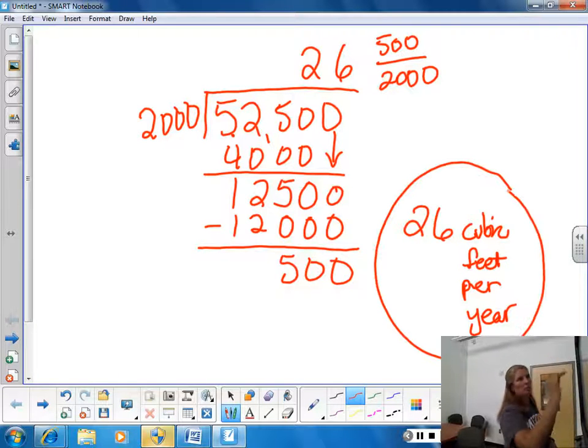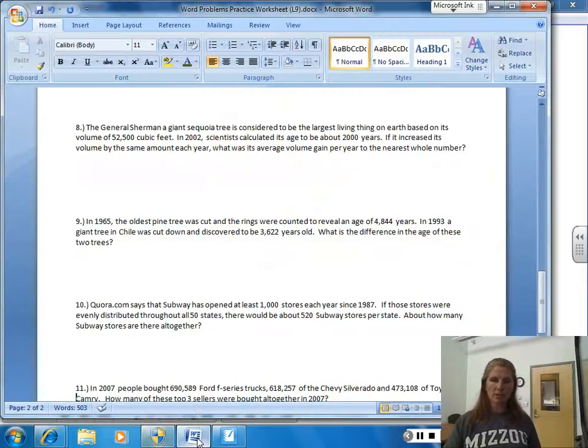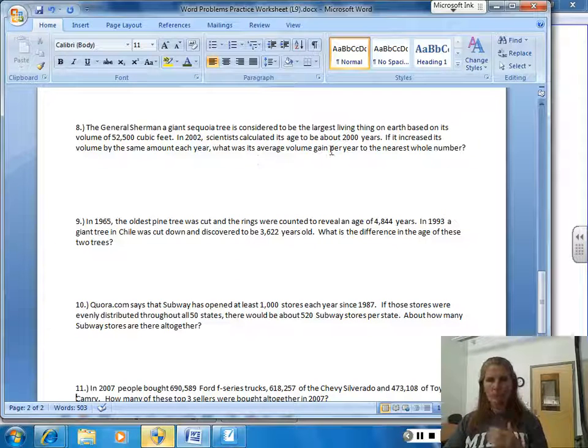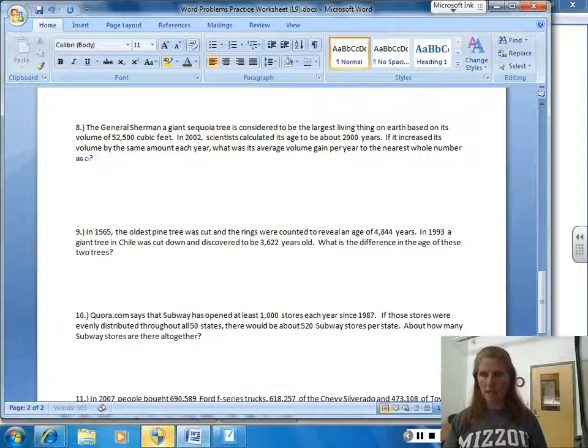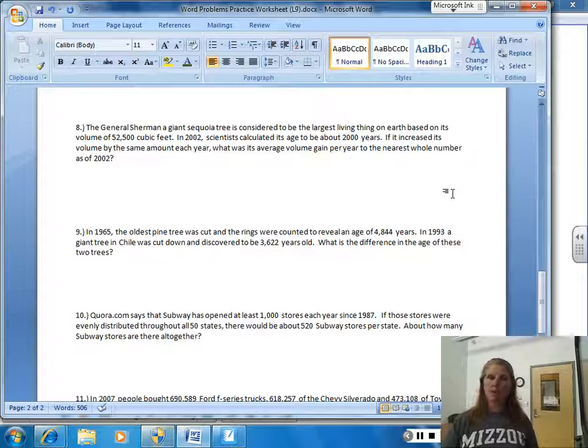We want to know per year, average growth per year. And it would actually be in between 26 and 27, but for our purposes, we're looking at answers up to the nearest whole number. I'm going to add in as of 2002. Because what I want to make sure is that you don't say, well, now it's 10 years later, I got to divide by 2010. I just want you to divide by that number 2000 in there.